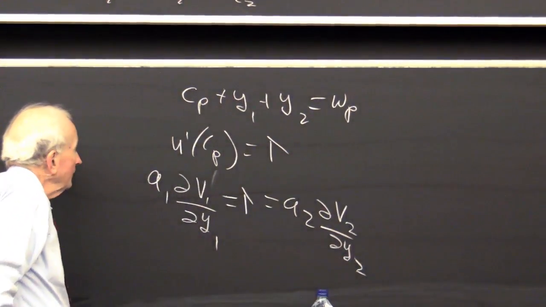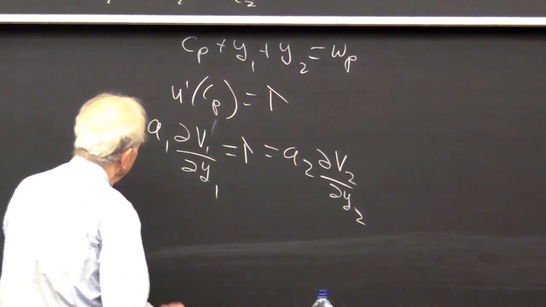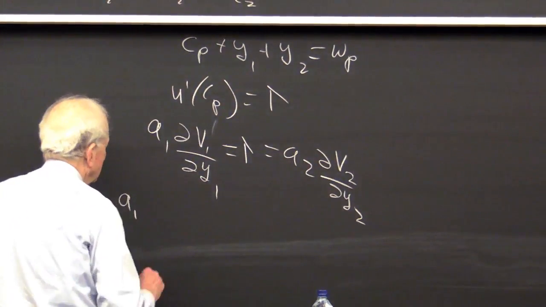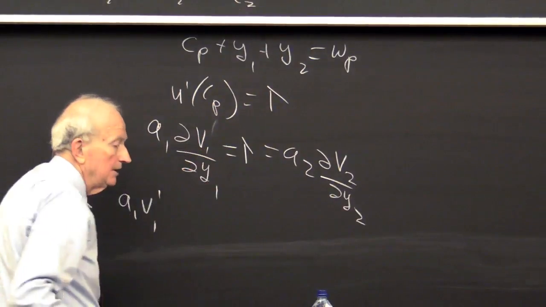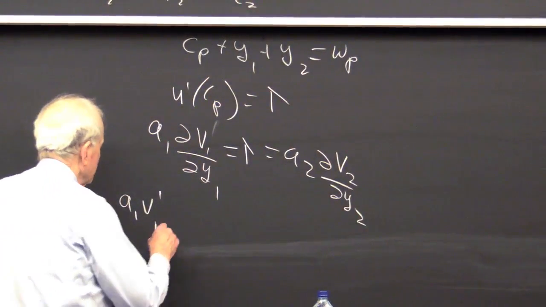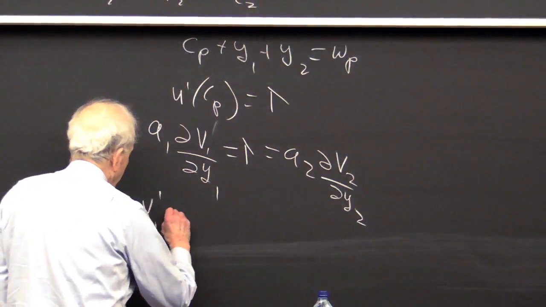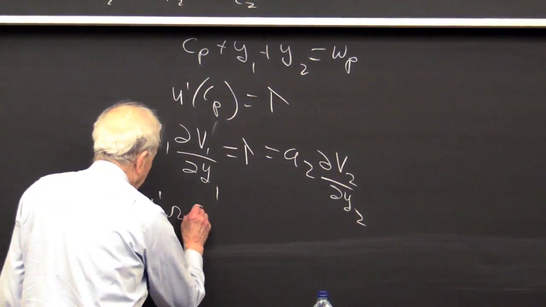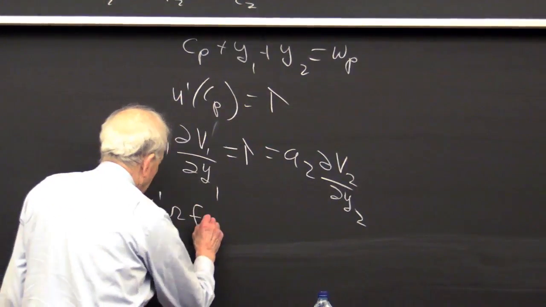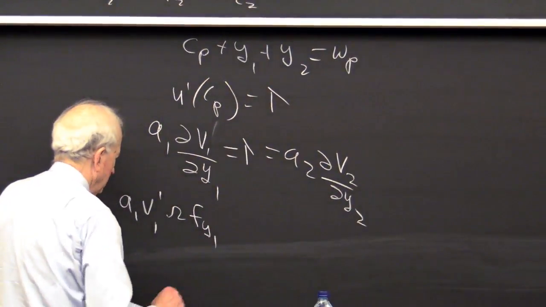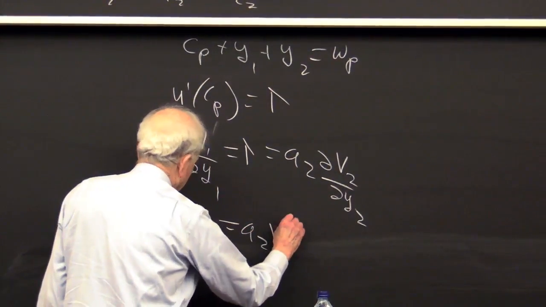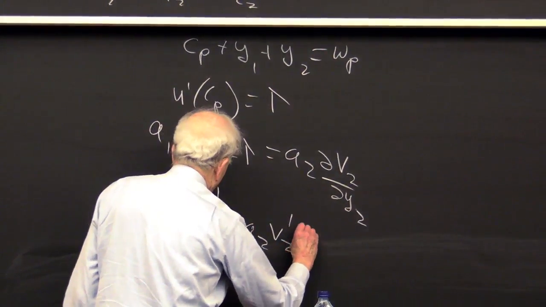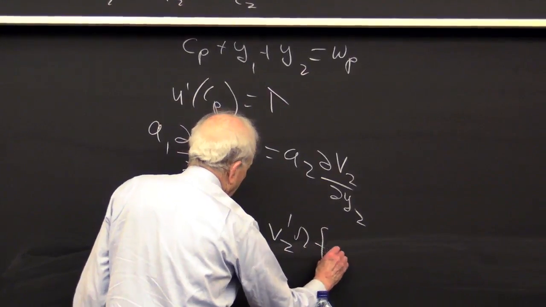Or we can write this the following way. A1 V1 prime, which is dV dW, times R F Y1 is equal to A2 V2 prime R F Y2.